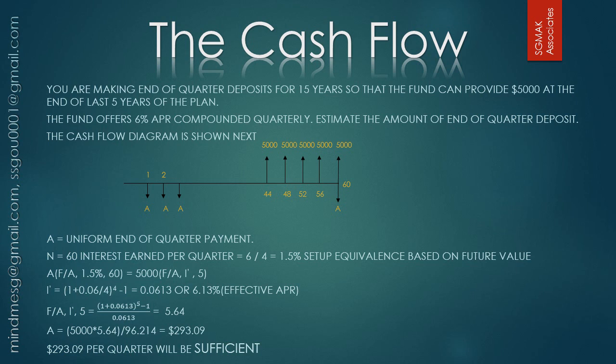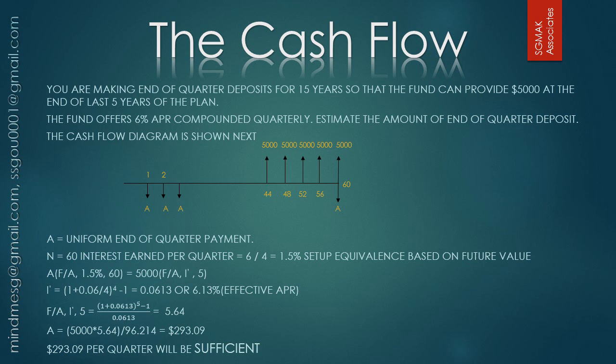So we're moving all the cash flow to time t equals 60. So we have set up this equivalence equation: A times F over A, 1.5%, 60. The factor on the left side of the equation gives you the future value of all the money that you put into the fund at the end of time t equals 60.